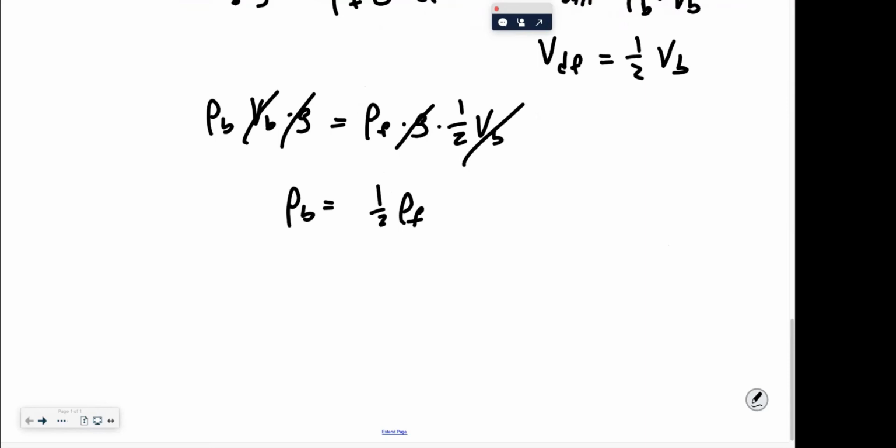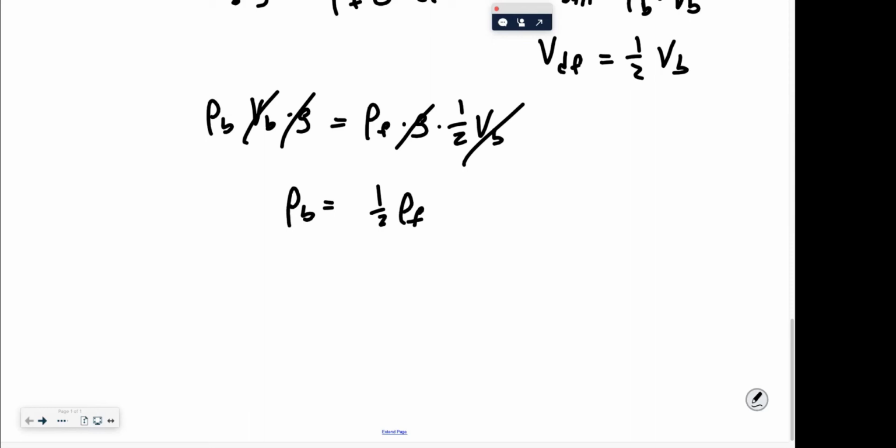It's only the densities that matter. If you want to know if something's going to float, it's the density of that thing relative to the fluid that it's in. If that object is more dense on average than the fluid, it will sink. If it's less dense on average than the fluid, it will rise. And that will even tell you how much of it is going to be above the water when it rises to the top, if it happens to be less dense than that fluid.